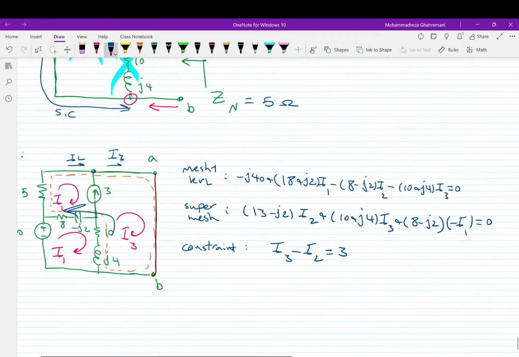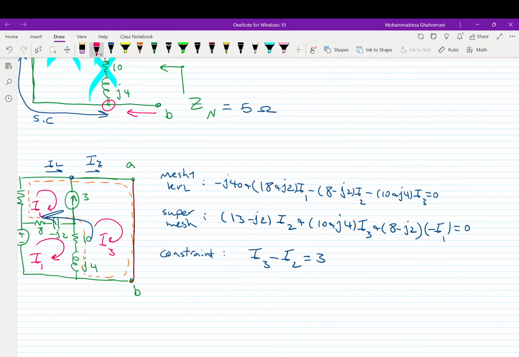Now what we do, let's just give some numbers to the equations.